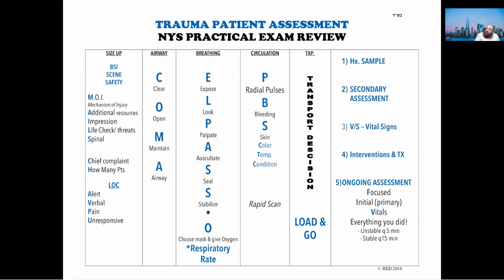All right, some rules. We need to complete a column before moving to the next column. I made this as simple as I can and cover all the bases, so you want to stick in a column. Can you mix things up within the column? The answer is yes and no. BSI and scene safety need to be done first, otherwise you'll fail the test.